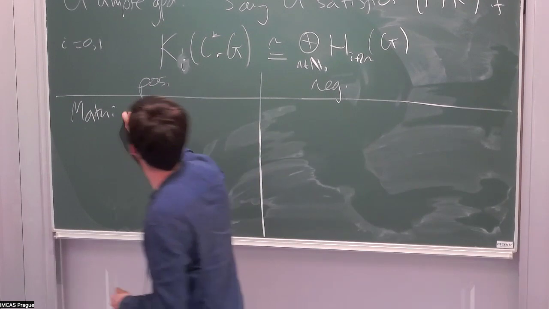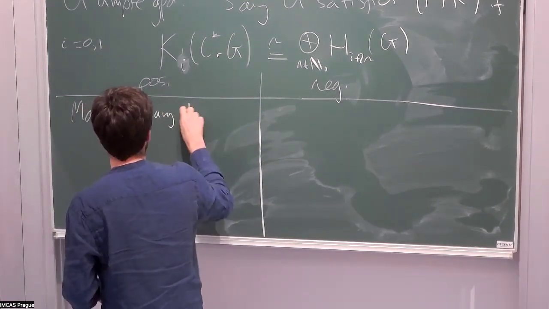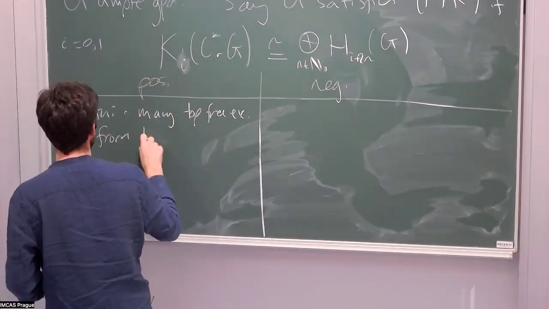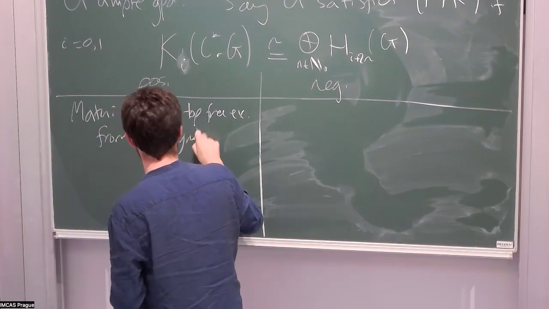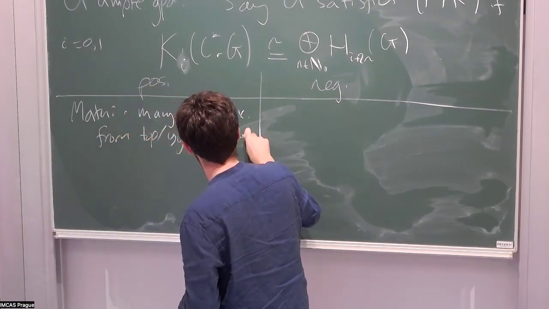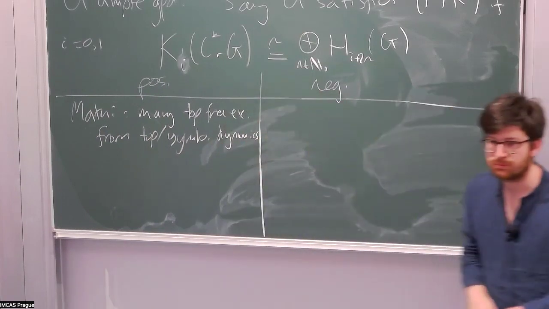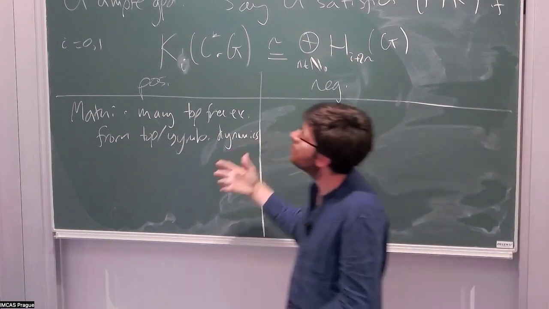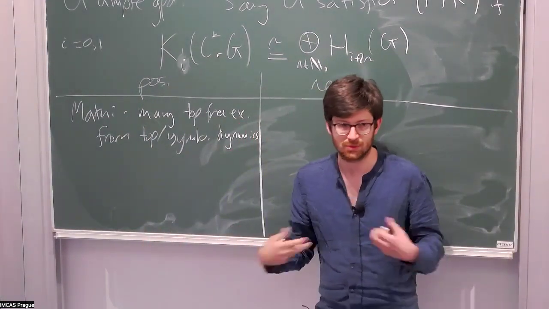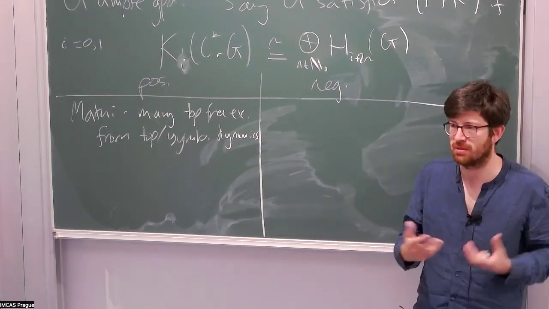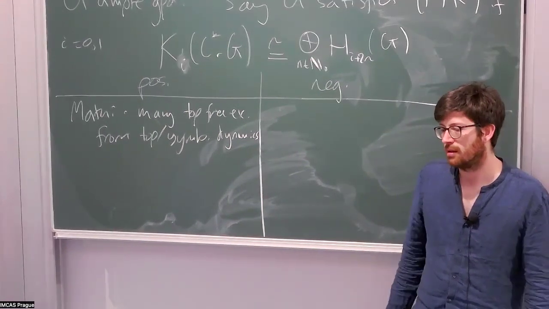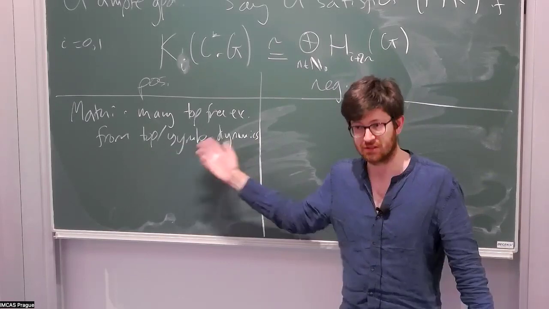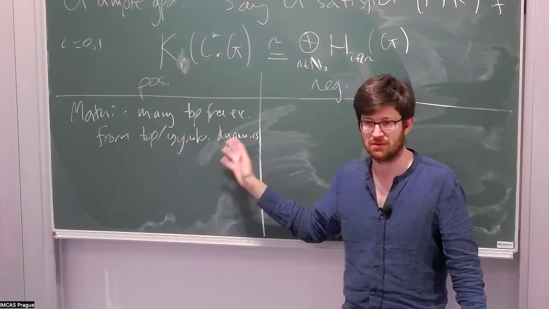So many what's called topologically free examples from topological or symbolic dynamics. So these groupoids are sort of a nice way of collecting together lots of different examples that come from various places. So you can get them from combinatorial things, you can get them from algebraic things, you can get them from dynamical things. And that's this sort of class here.